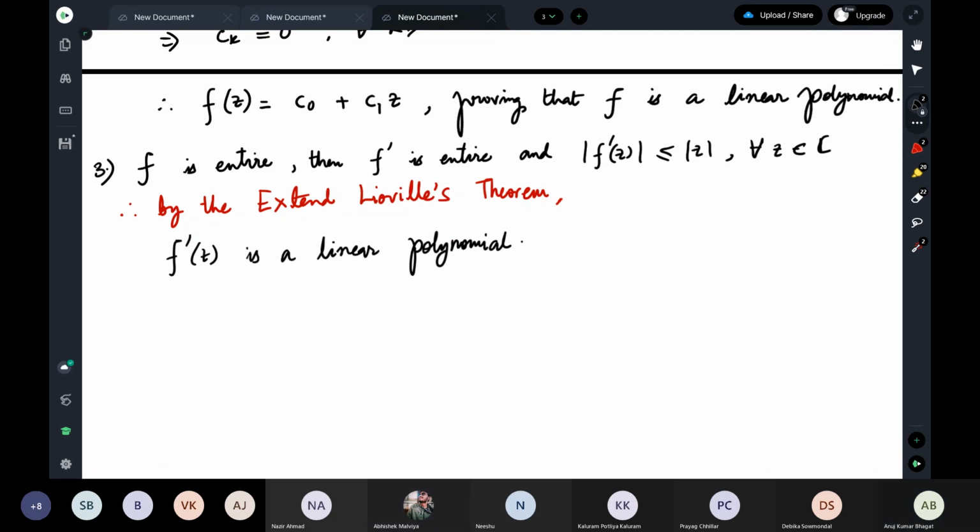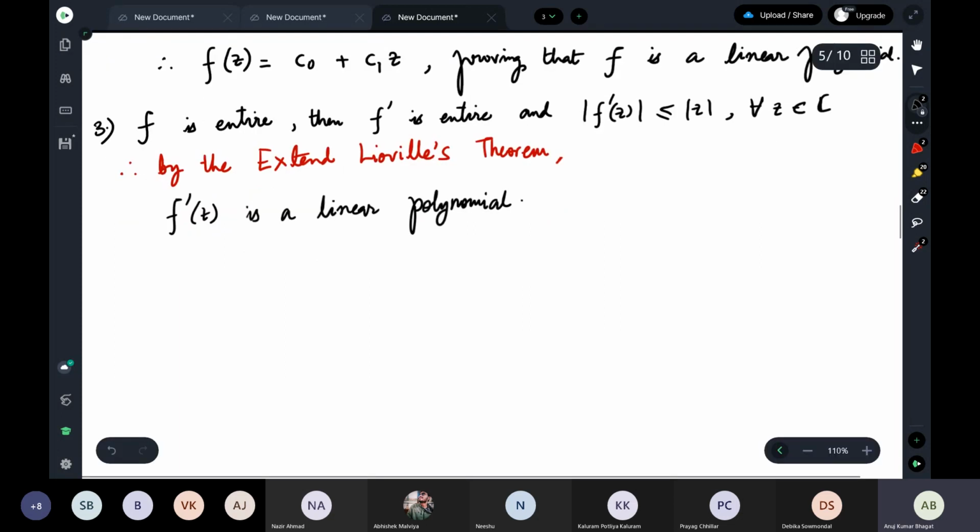Yes, sir. Okay, I should not say linear exactly, of degree at most 1 I can say. Okay, anyways, just change it. It can be constant also, so f prime z is a polynomial of degree at most 1.